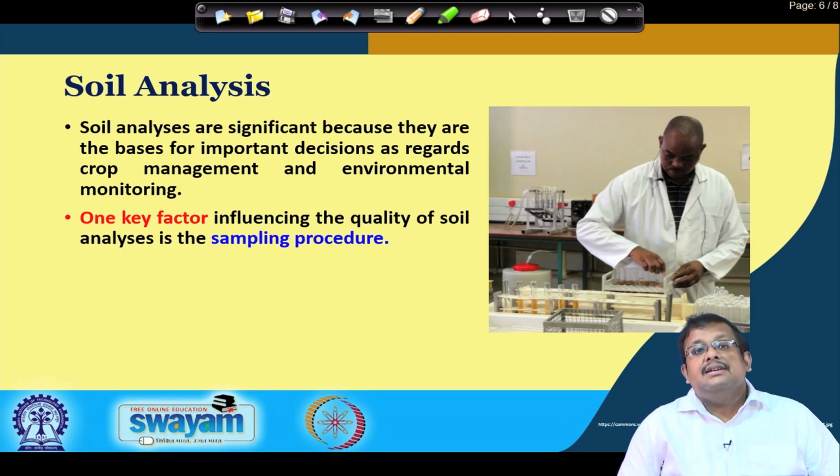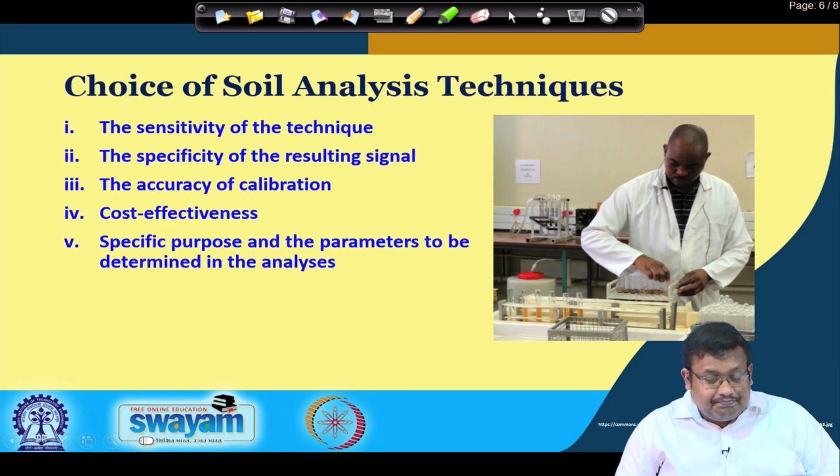So, soil analyses are very significant, and we have to do this soil analysis both for monitoring the soil fertility status as well as to monitor the soil environmental contamination or soil pollution level. Now, there are several methods or techniques for soil analysis, numerous techniques. Based on which points and which criteria should we select the most appropriate technique for a certain soil analysis?